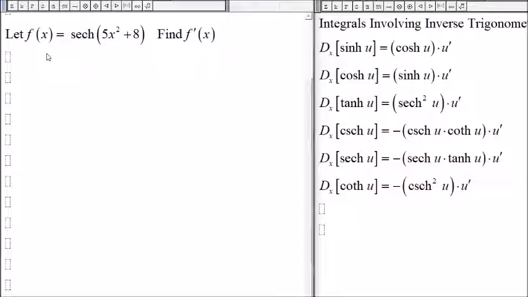Here we have the function f of x equal to hyperbolic secant of 5x squared plus 8, and we want to find the derivative. The derivative of hyperbolic secant is negative hyperbolic secant times hyperbolic tangent.